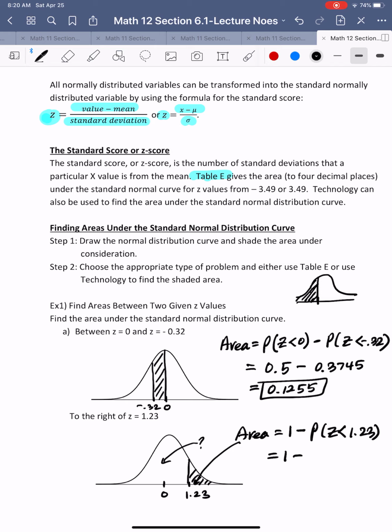Using Table E, the probability of z less than 1.23 gives you 0.8907, so 1 minus 0.8907 is 0.1093. Okay, all right, let's look at the next page.